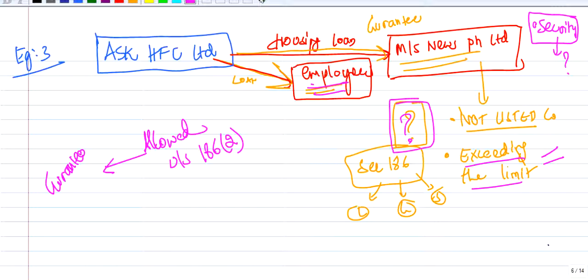What about the security guarantees? Or the second question, security is asked. See, for the security also the same wording is used, guarantee or security. Correct. So the answer will be the same.